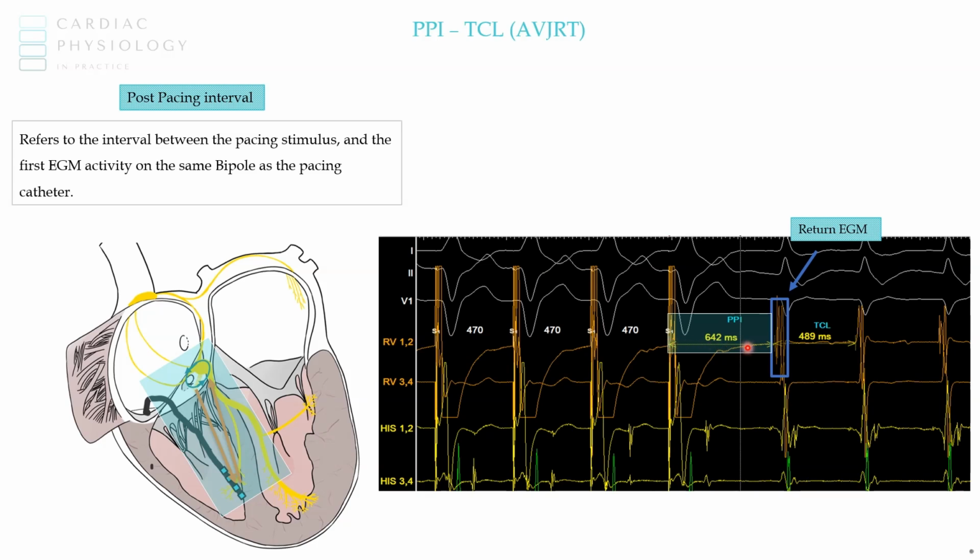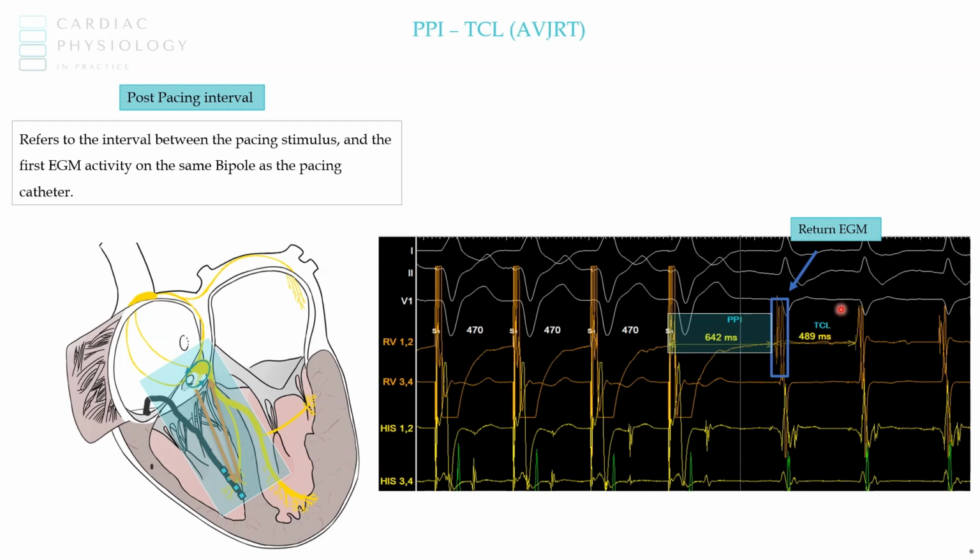During this time, the pace stimulus is traveling to the circuit, going around the circuit and starting to come back again, and nothing is happening. The RV electrode is too far away from all of that activity to sense anything. And then finally, we get an RV electrode EGM. This tells us that our depolarization wavefront has returned to the catheter again.